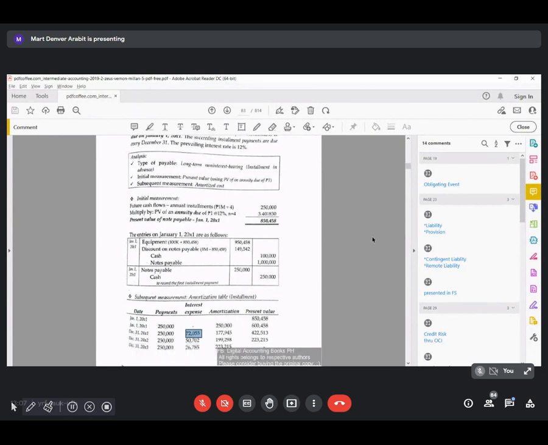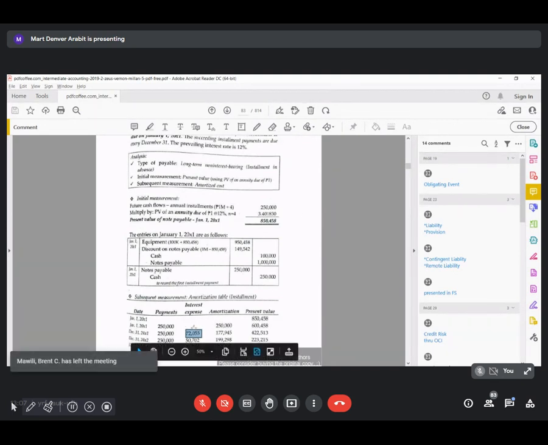Pero sir, bakit sa December 31 pa rin siya nakalagay? So meaning kasama siya sa December 31 books. Yes, tama yun. Again, ang sabi ko sa inyo, interest expense is recorded to match yung revenue and expenses for the year.